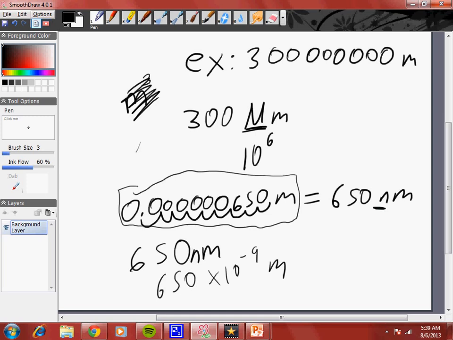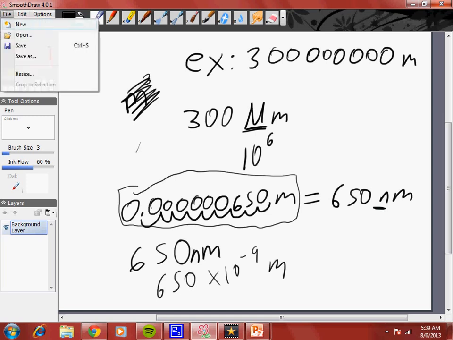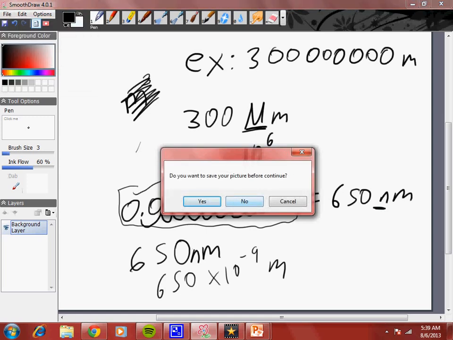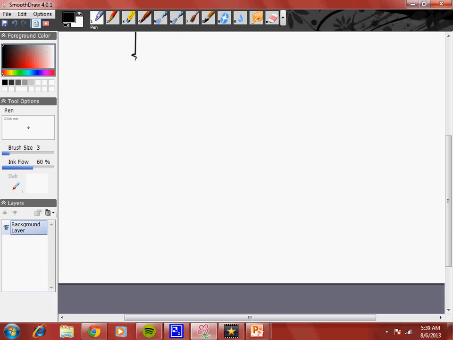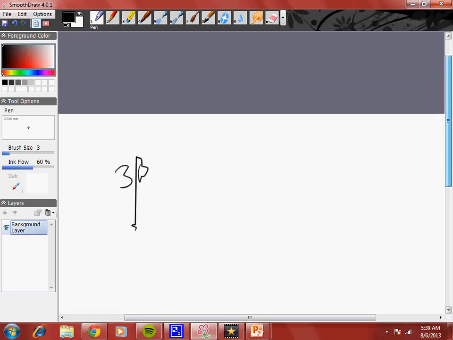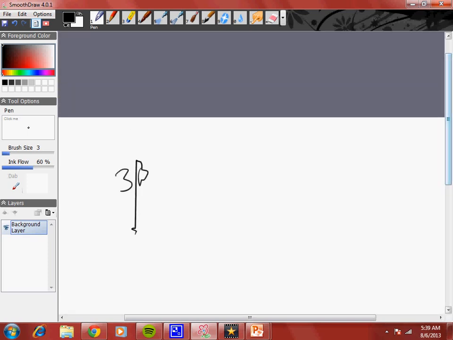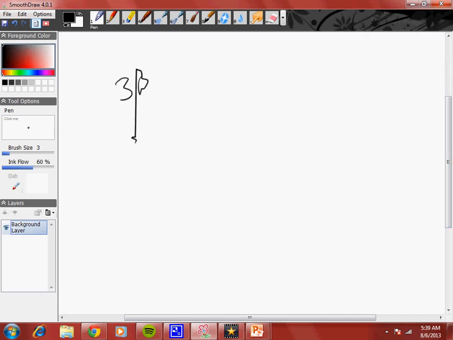Let's go with the first one, 3,000 meters. This one is a pretty common one. People have dealt with this before. Let's go back up. 3,000 meters.